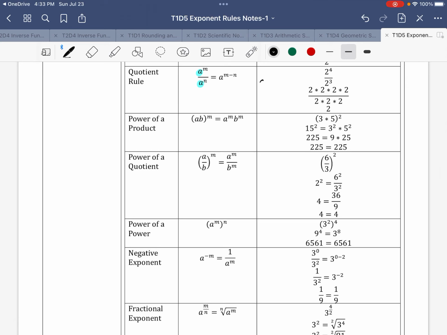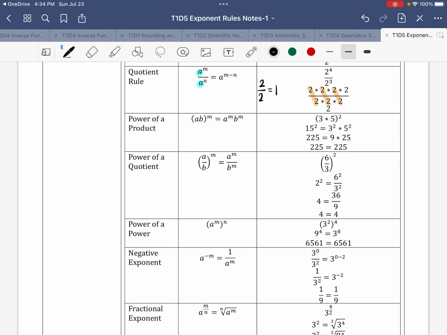What we need to remember is that 2 divided by 2 always equals 1, or any number divided by itself always equals 1. And what you'll see here is we have this 2 divided by 2, which will equal 1. This 2 divided by 2 equals 1. This 2 divided by 2 equals 1.